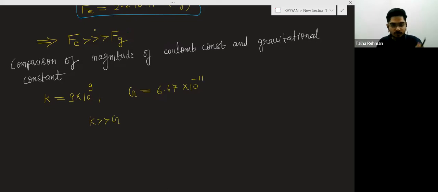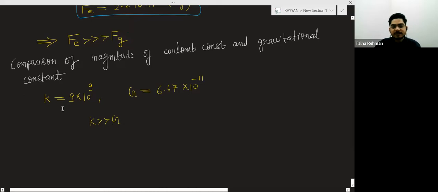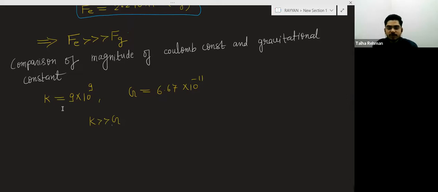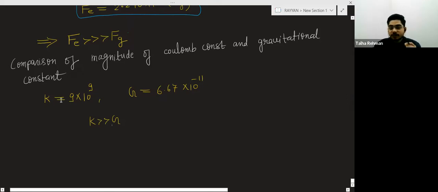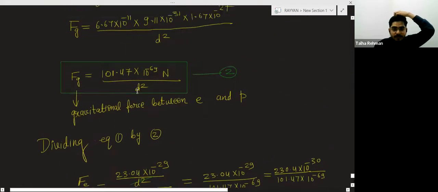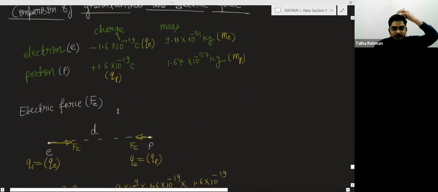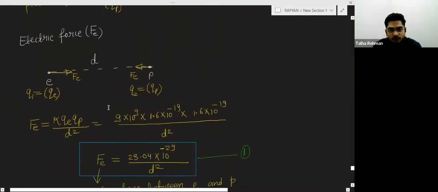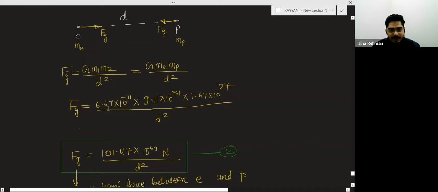So you can say that these constants are also responsible for the electric force being greater than the gravitational force. When you are calculating the electric force, you are multiplying something very large, and when you are calculating the gravitational force, you are multiplying something very small.